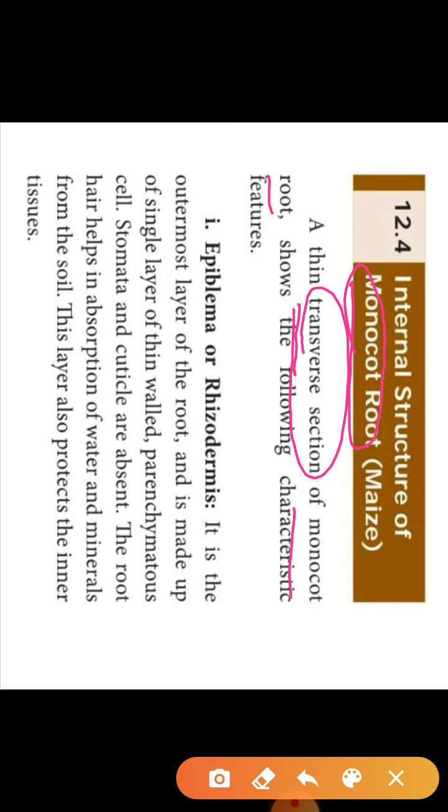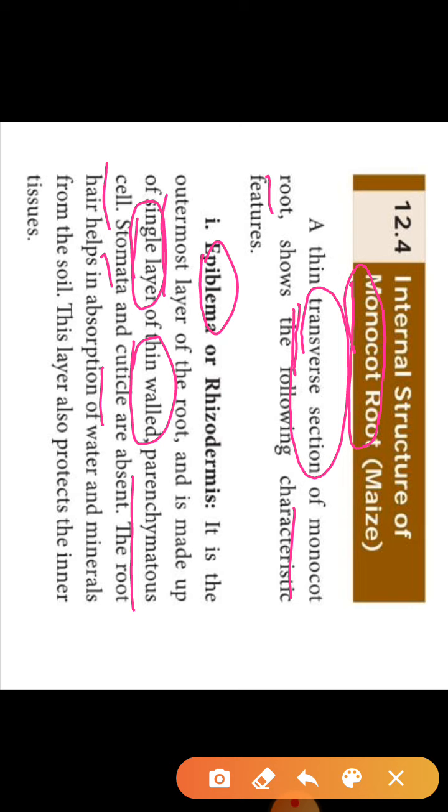First one is epiblema. Epiblema is the outermost layer of the root. It is a single layer, made up of thin walled parenchymatous cells. For this also stomata and cuticle are absent. A hair like growth, outgrowth, is present.